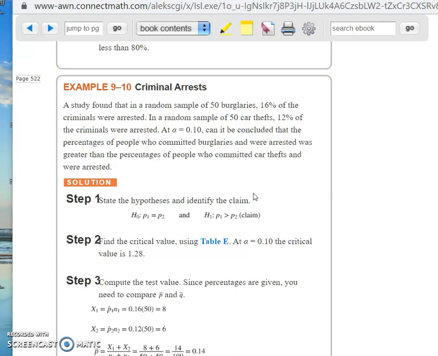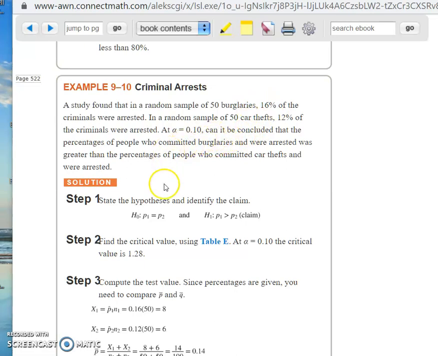Suppose these percentages represented adults versus senior citizens, or young people, African Americans, Caucasians, men, women. Anything at all that you're dealing with percentages like this is the type of analysis that you would do.